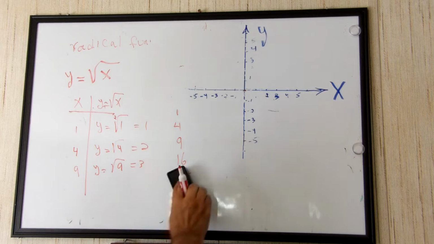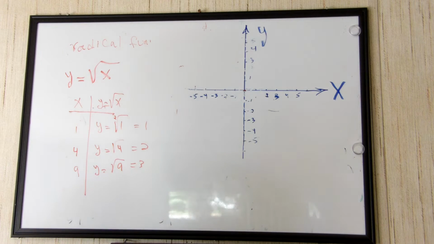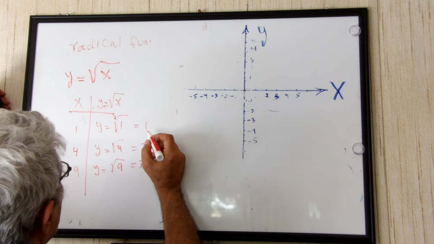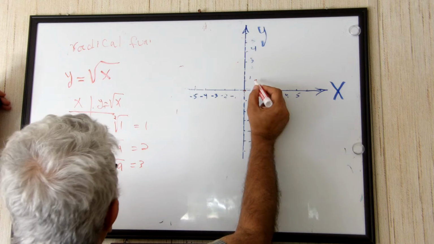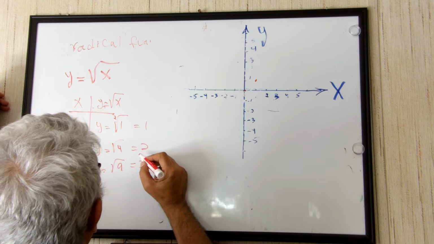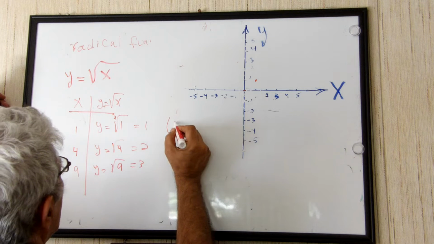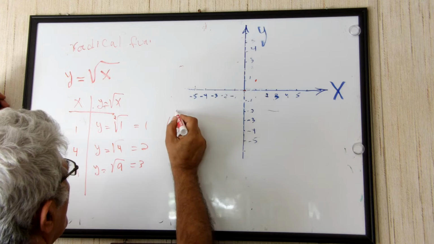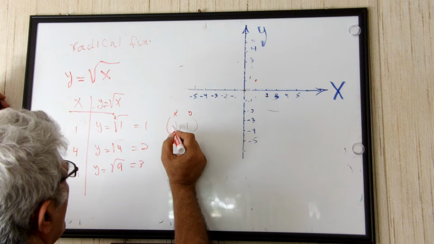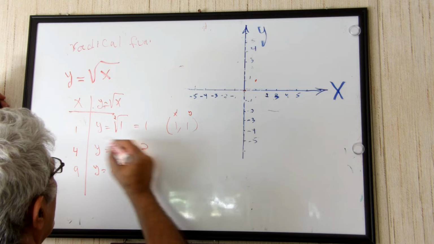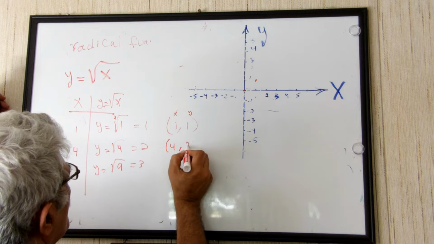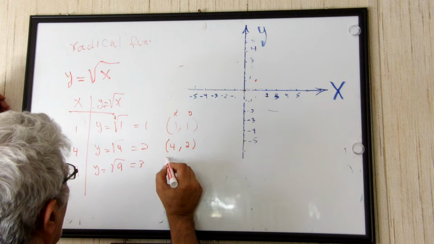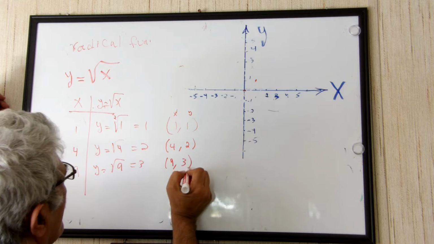Let's draw this. See, it's 1 and 1. We have a point here, and then 4. See, this is 1, 1. You know that the first is always x. This is y. You put the x first. x is 1, y is 1; 4 is 2, and 9 is 3.